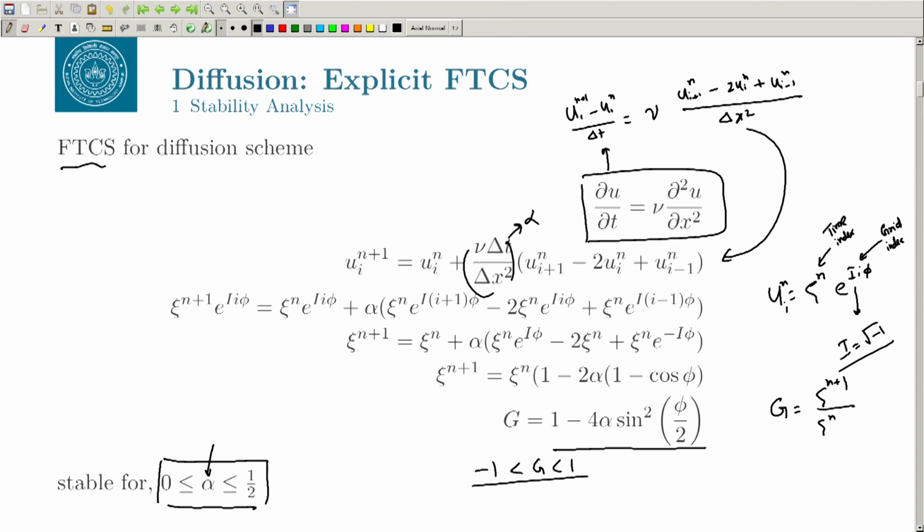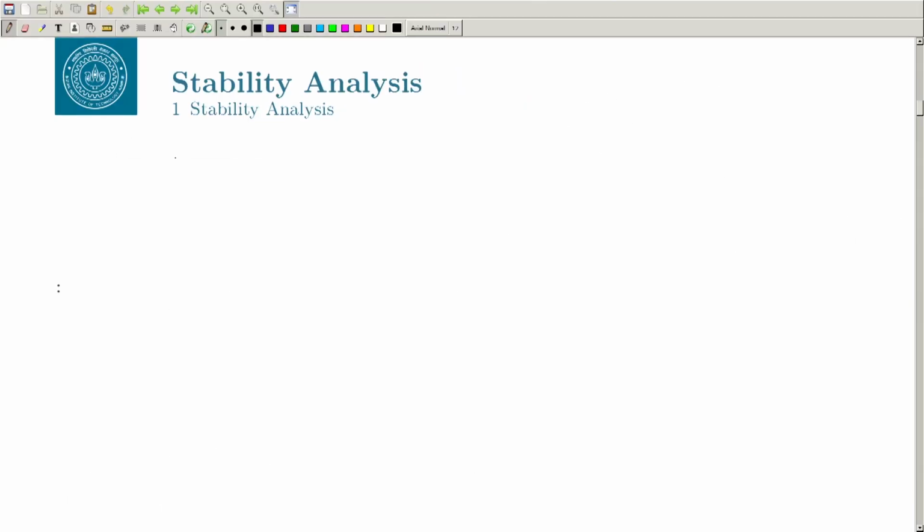So, in today's class we will look at some more discretization schemes and find out whether they are stable or not. The scheme can be stable, and it can be unconditionally stable, that means regardless of what alpha you have, or in the case of the convection equation the lambda you have, it will be stable.